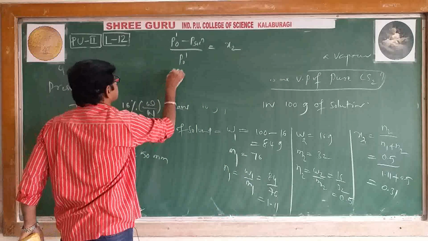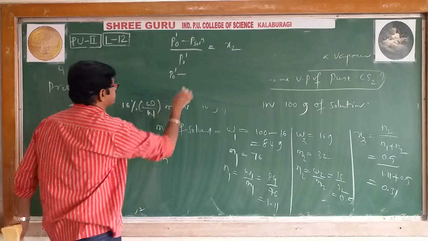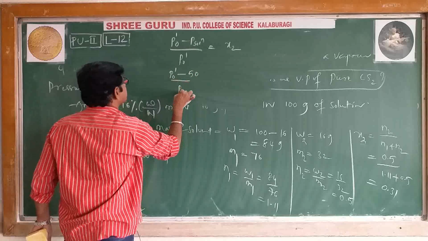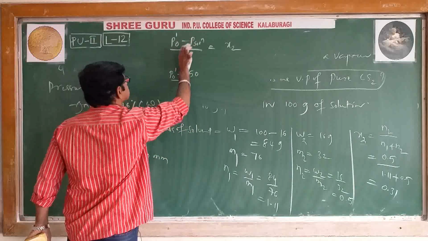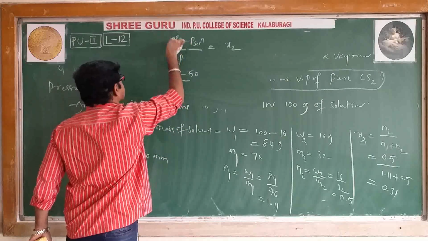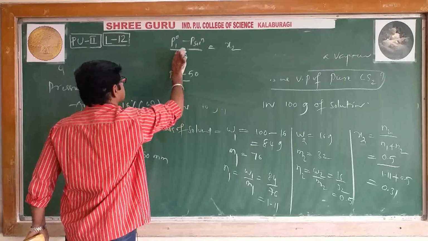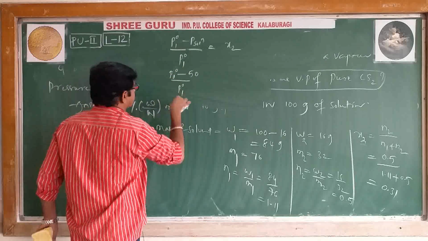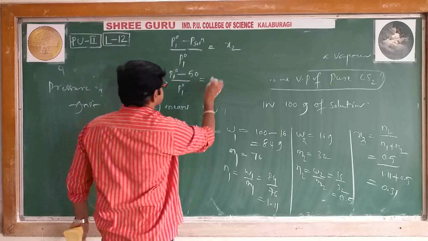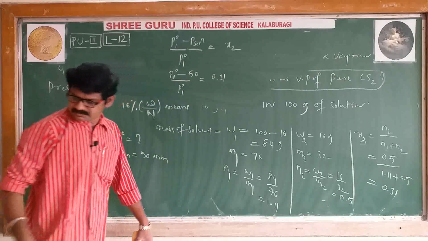Then I will just substitute the values. P1 naught, only our target, minus P solution is 50, divided by again P1 naught, is equal to mole fraction 0.31.